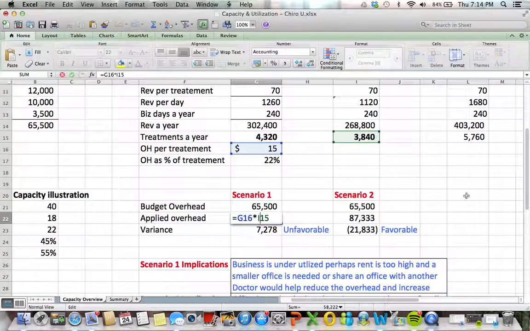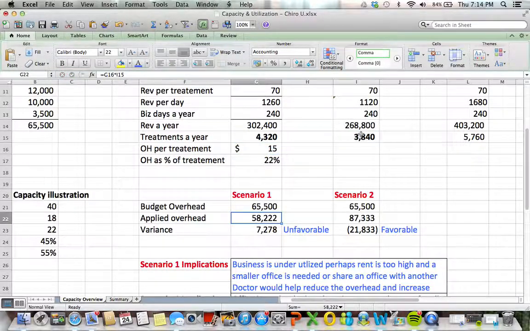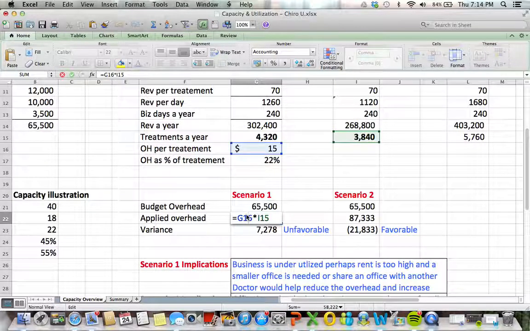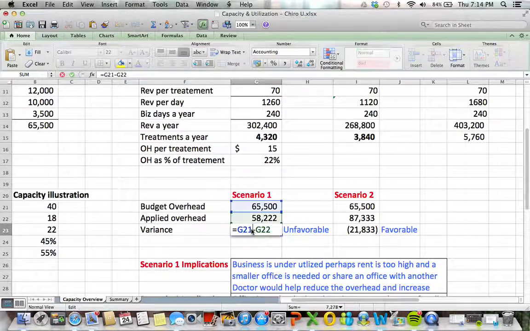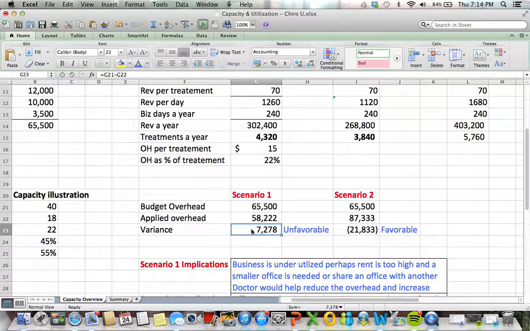All I'm doing is multiplying that 15 times the number of treatments a year. Since that was my full capacity, or what I thought I was going to do, I didn't allocate all the overhead, because I actually had fewer treatments, so there's unused capacity.